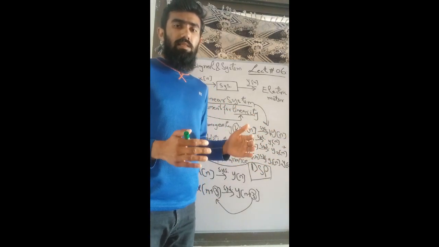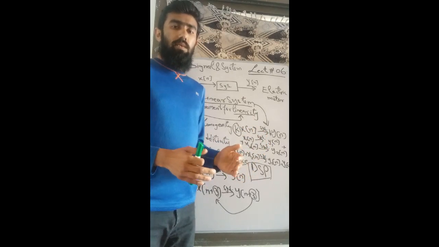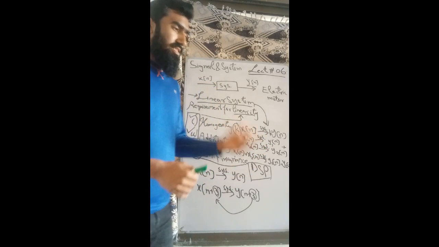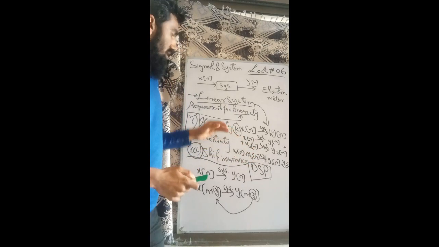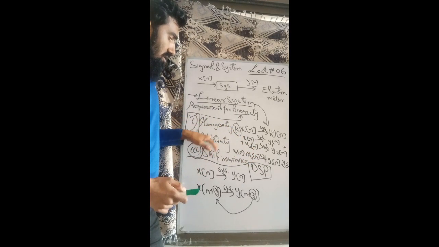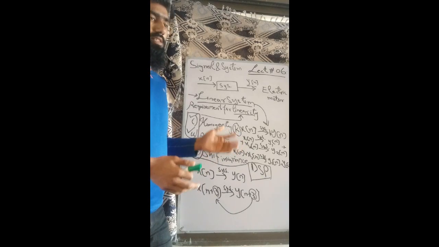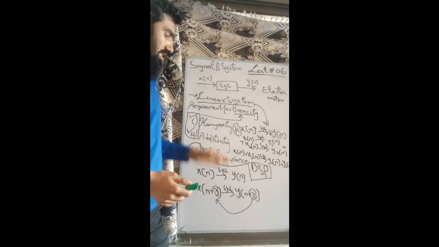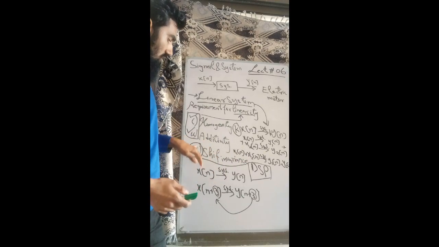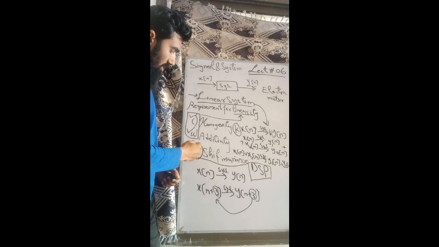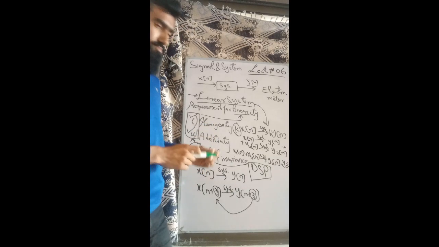There are many other concepts in linearity. If we are dealing with homogeneity and additivity, there may be another field not related to the system. So if we are dealing with a system in DSP, then we have to combine this property with these two properties.